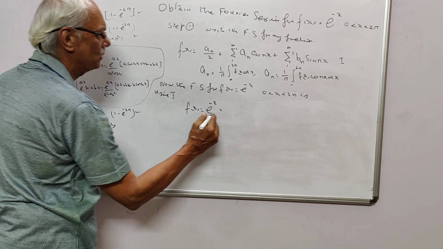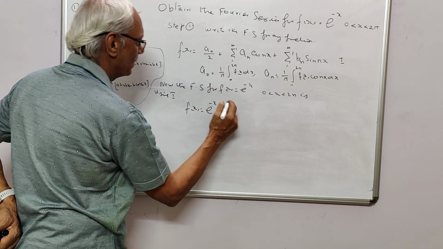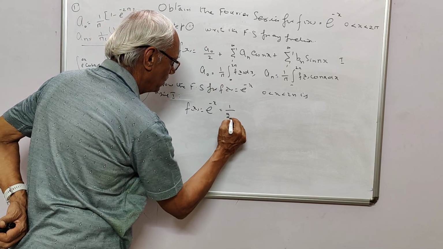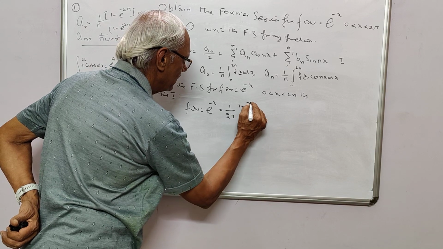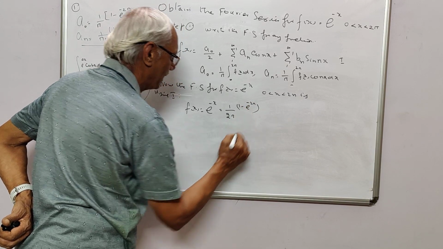What is your a naught by 2? A naught I have got here: 1 by 2 pi into 1 minus e to the power of minus 2 pi.